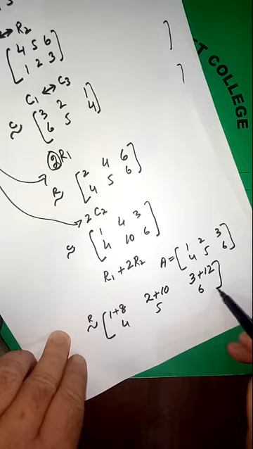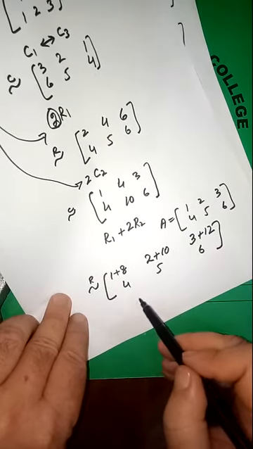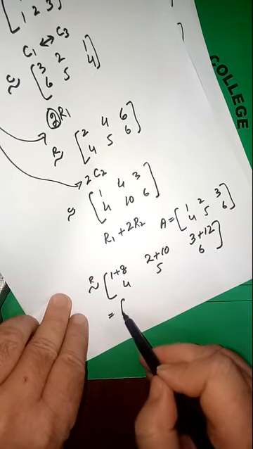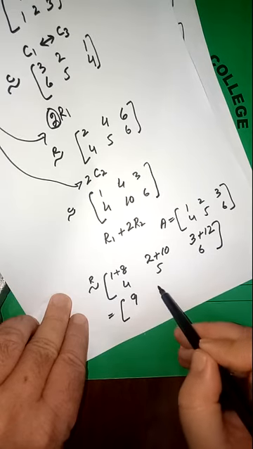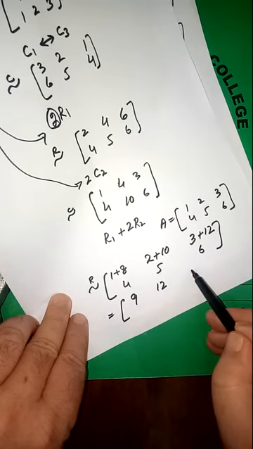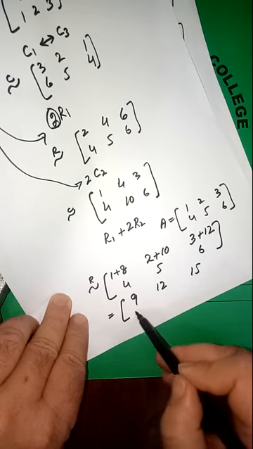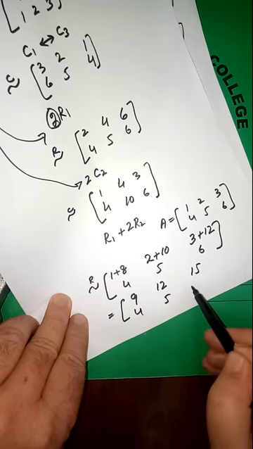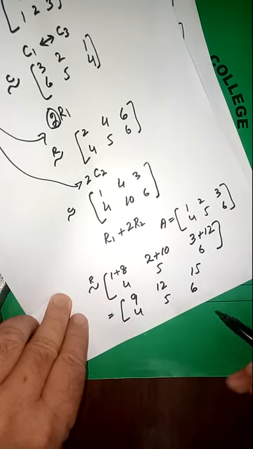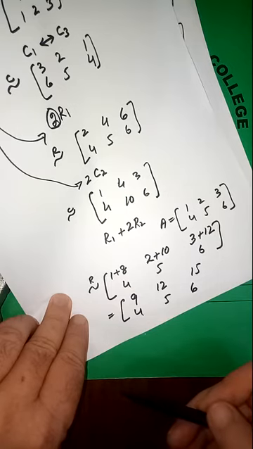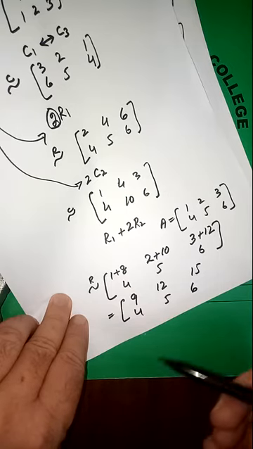After simplification, that becomes 9, 12, 15, and 4, 5, 6. In the same manner we can apply these operations column-wise as well.